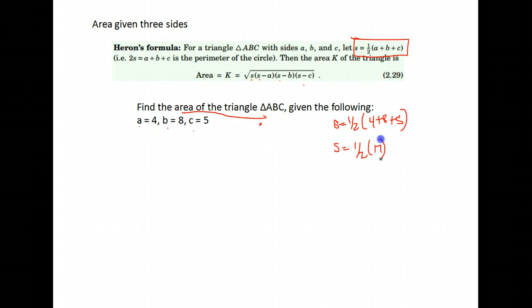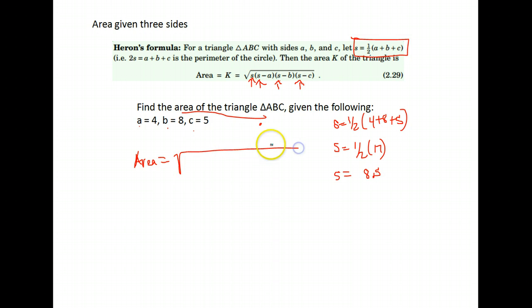Okay, that gives me 1/2 of 17, and 17 divided by 2 is 8.5. So the S in my formula is 8.5, and notice it comes up 4 times. So let's find our area.